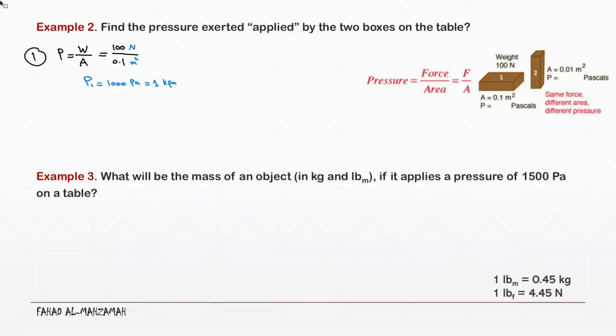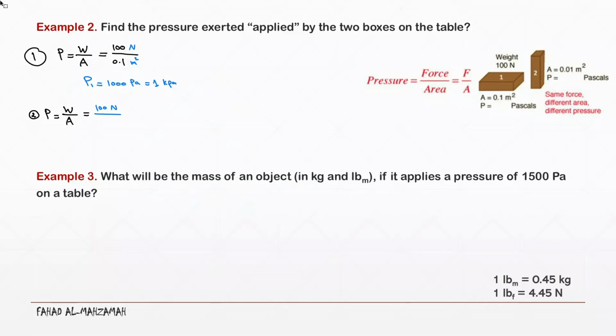Now the second box, we will write again the same formula, which is the weight over area, and the weight here is the same, 100 Newton, divided by the area. Now the area is smaller, and we know that as we get a smaller area, the pressure will increase.